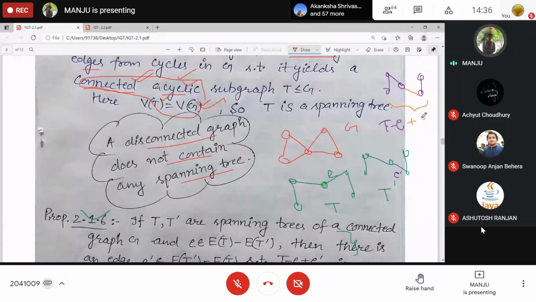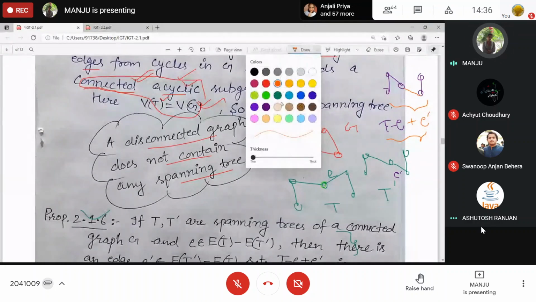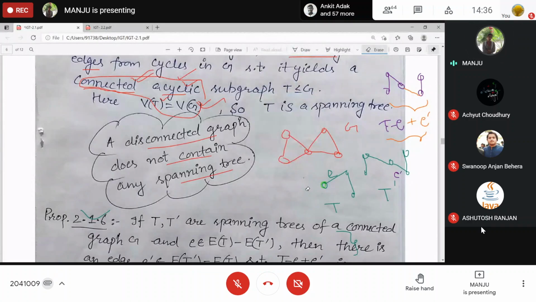T minus e plus e dash. Getting it? Or it could be like this also. For example, this is not this one. You are having this one. Then what will happen?